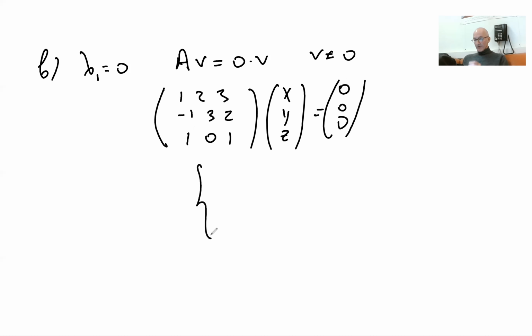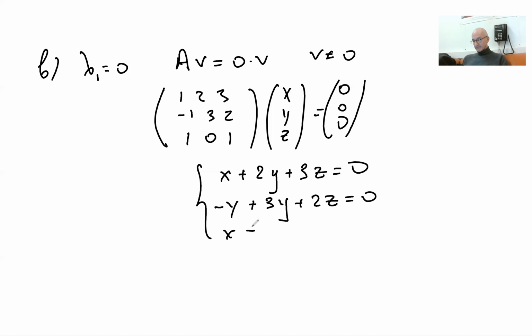This gives us a system of 3 equations, but actually we know for sure that one of these equations is redundant because the rank of this matrix is less than 3. So, but let me write down both of them. So now I can erase one of these equations.